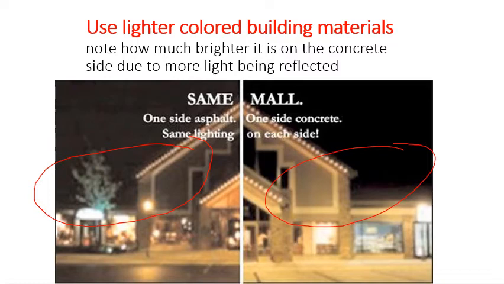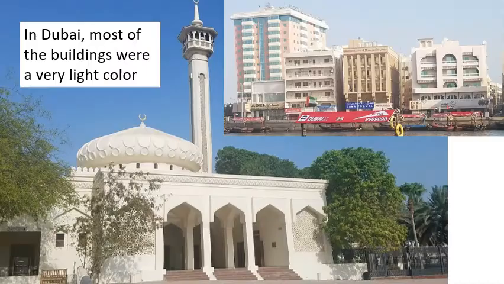Now this is in Florida where it's already pretty hot and they get a lot of sunlight. So this side of the shopping center will theoretically have to use less air conditioning because more of the sunlight is being reflected. Over here, because it's darker materials, the sunlight's going to be absorbed. You're going to get hotter. You're going to have to run your air conditioner more.